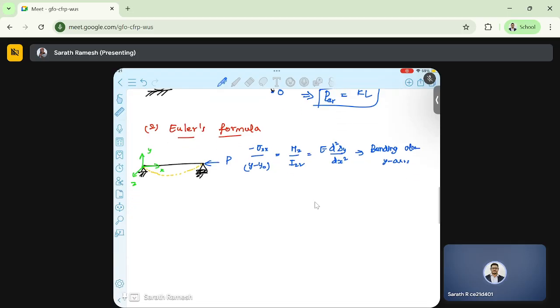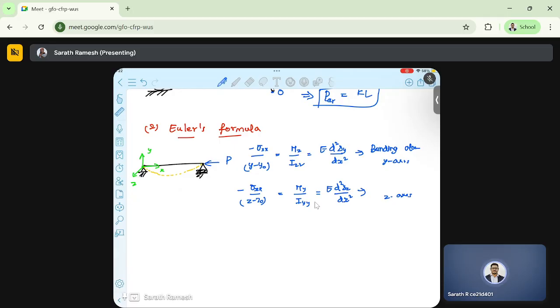Similarly, we can write another equation for bending along the z-axis: sigma xx by z minus z naught equal to My by Iyy, equal to E into d square delta z by dx square. This is for z-axis bending.